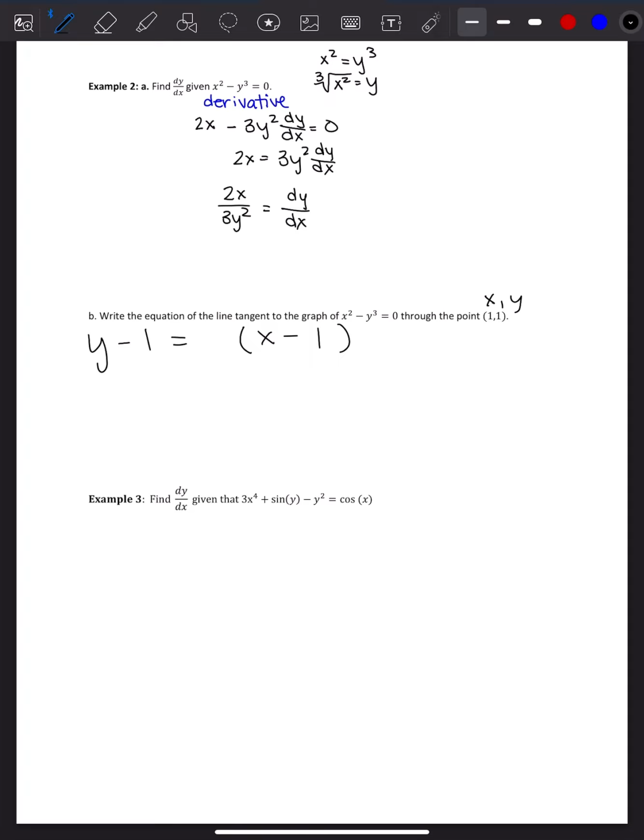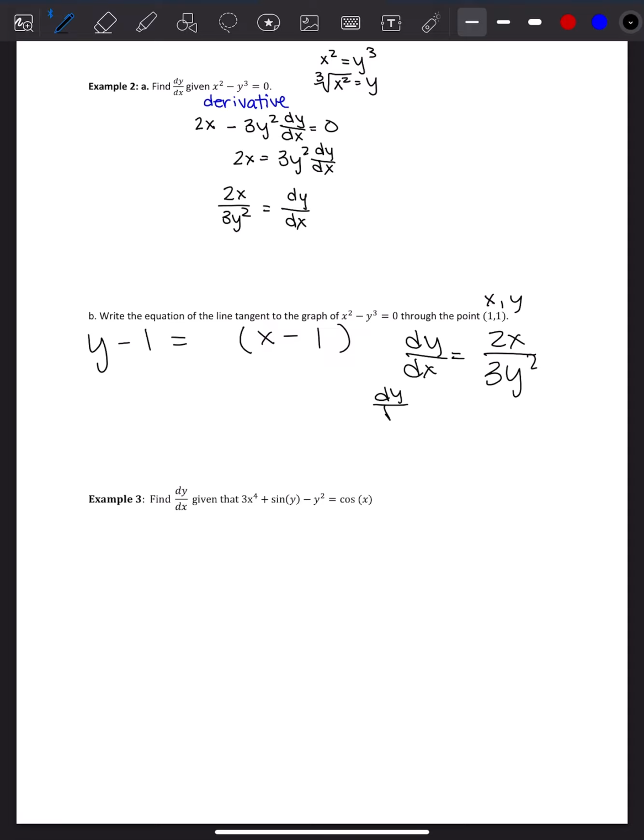We need our slope now. Our slope is our dy over dx equation. So we have dy over dx is equal to 2x divided by 3y squared. We need to plug in our x and y.